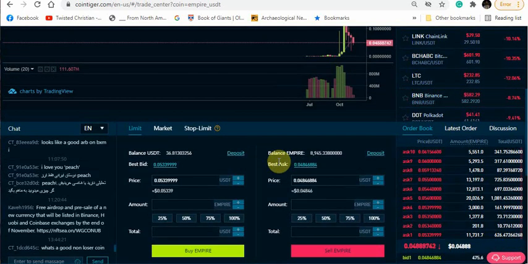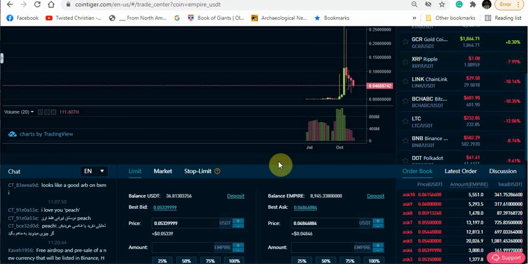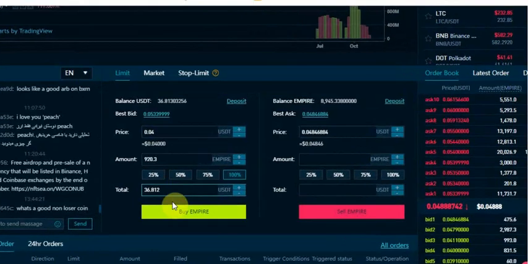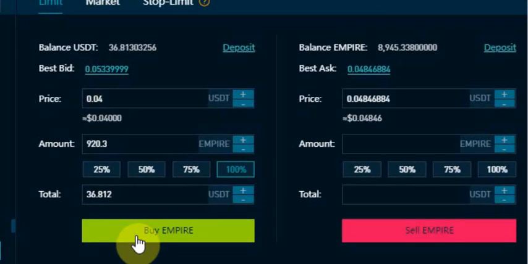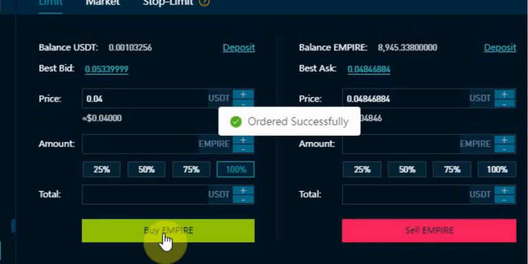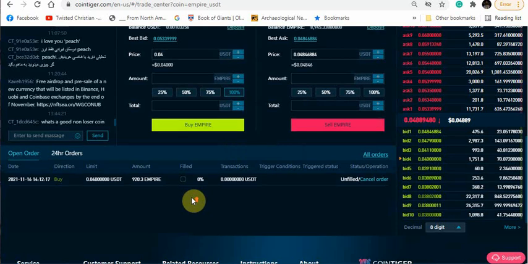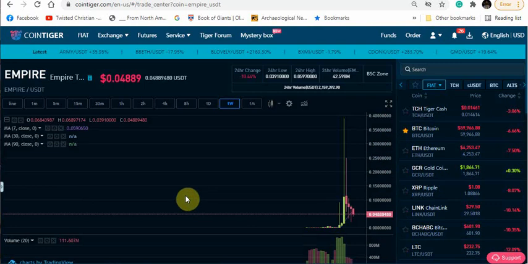It could go down to 0.04, so I will try to get that price. If it does go back down to 0.04, which I hope it does, that'll give me 920 Empire tokens. So we'll just wait and see on that.